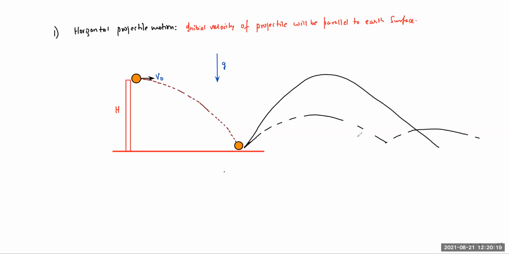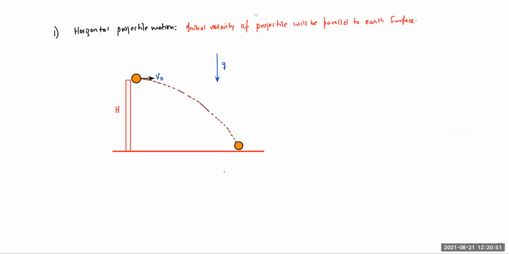So it is not that the projectile motion will end here, but our discussion will be between the throw and the instant at which it is about to hit the surface, any surface. In this case, it is going to hit the horizontal surface. It is possible it may hit some other surface.